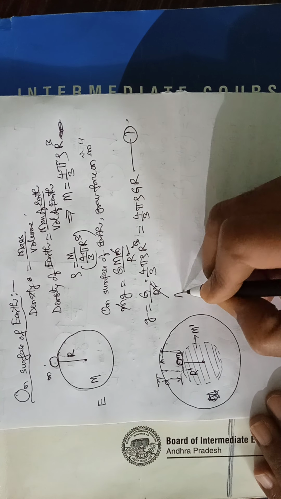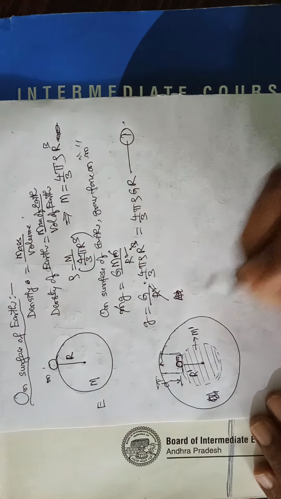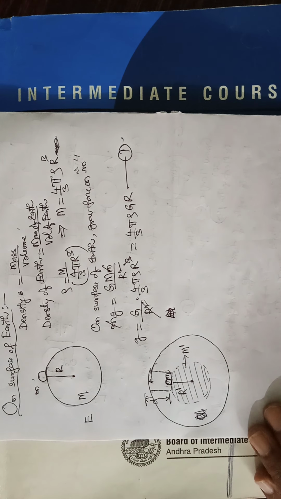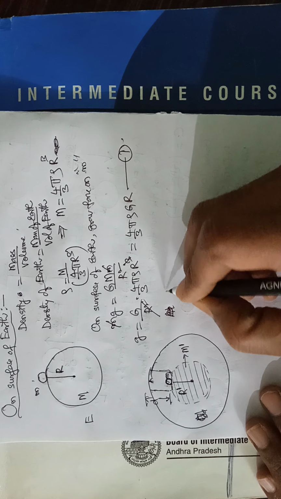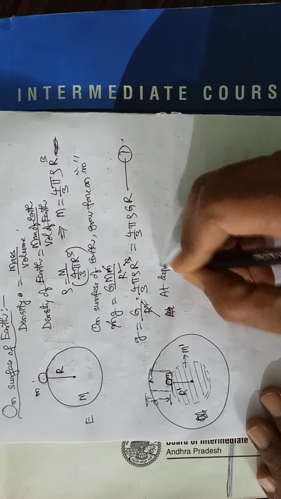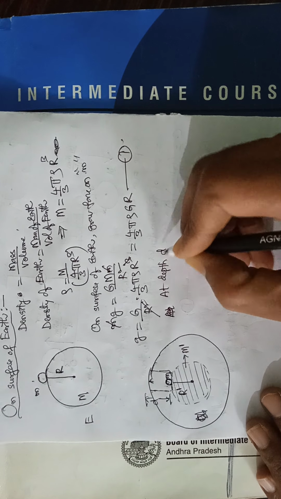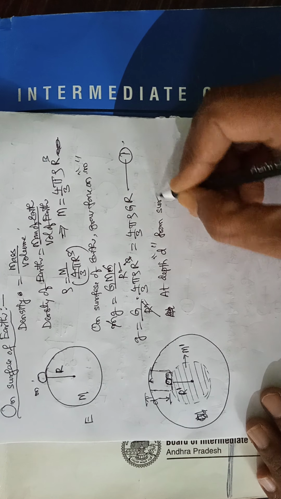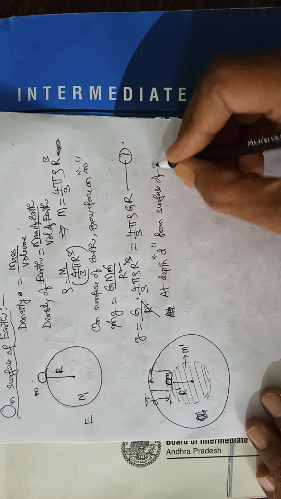Now again let us find the density. Now we are at depth d from the surface of the earth.